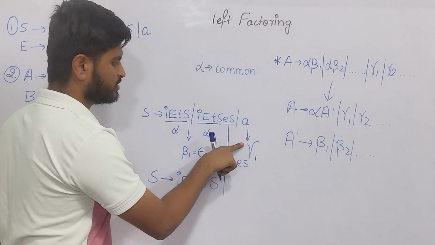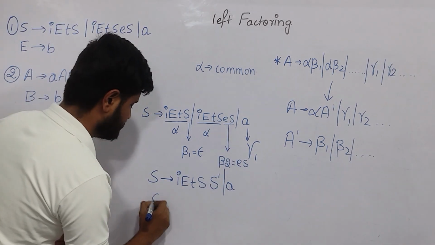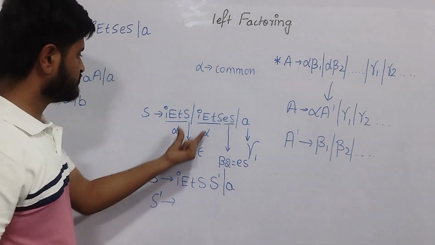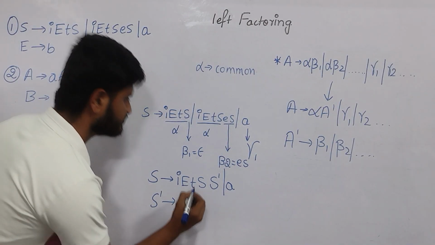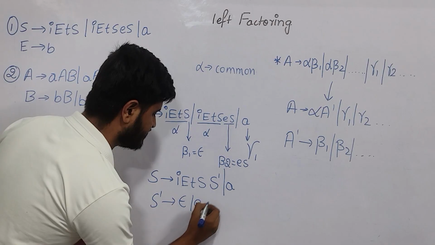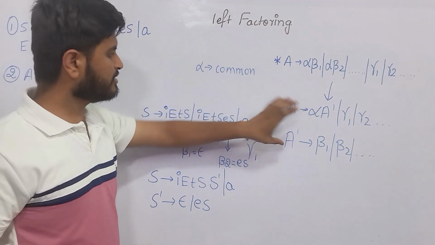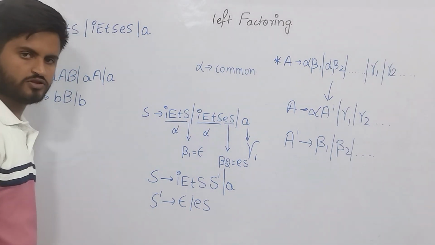I am having only one gamma value, that is small letter e. Next, S dash produces beta 1 | beta 2. We have only two beta values: beta 1 is epsilon and beta 2 is small letter eS. Now we have converted the left factoring into the normal form.